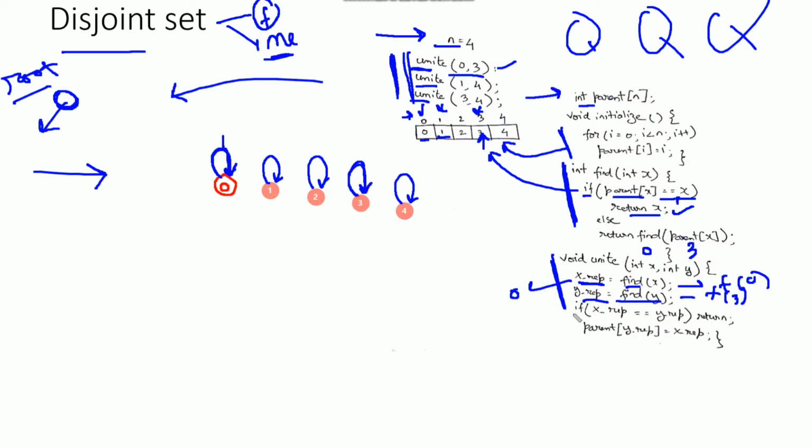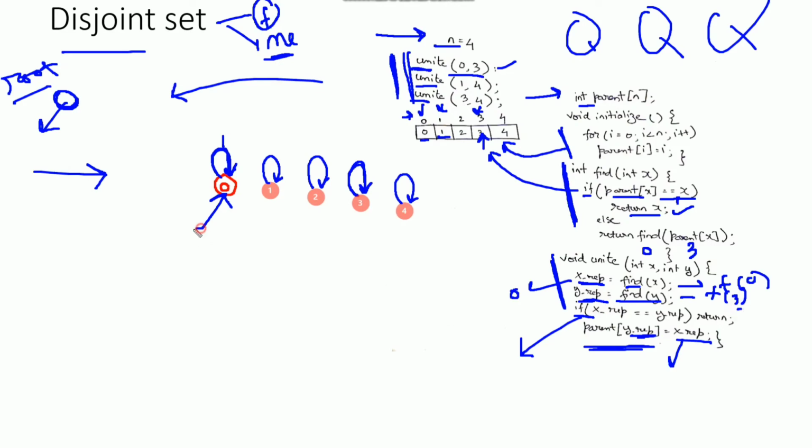After finding the representatives of x and y, I check whether both are the same. If they are the same, they are in the same group. Otherwise, I make x's representative the parent of y's representative. The x representative is 0, so I make it the parent of the y representative, which is 3.